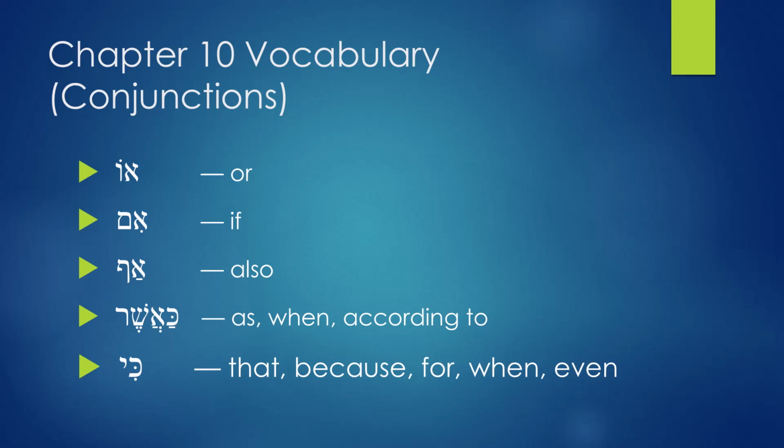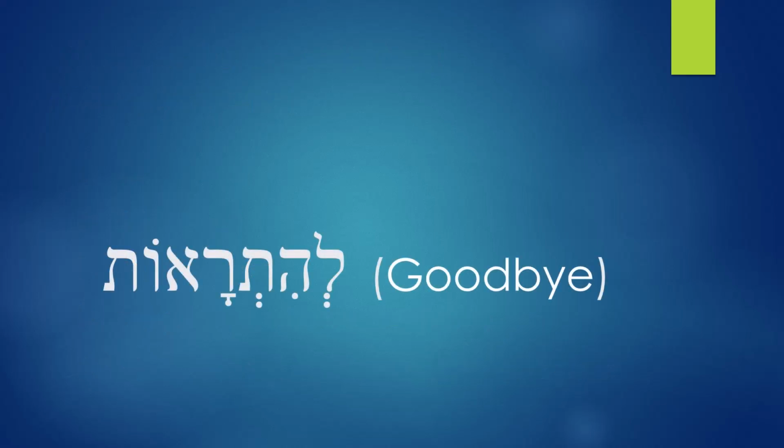So these are the words that you find in chapter 10. You must know them by heart. Go through them, write them on pieces of paper as you are walking, as you are seated. When you're in the office, know these words until you know them by heart. Remember, practice, practice, practice.